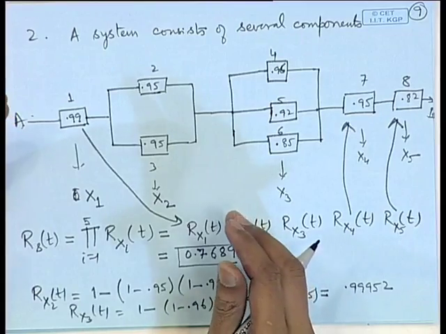That is the effect. So, although individual systems may have high reliability, when we connect them in a series system, the reliability becomes much smaller. If we connect them in parallel, the reliability will increase, because any of them working will ensure that the system is functioning. So, we stop here.